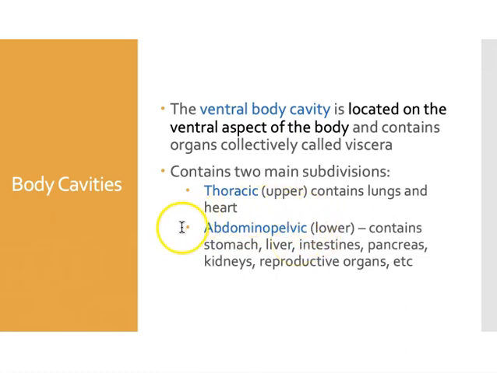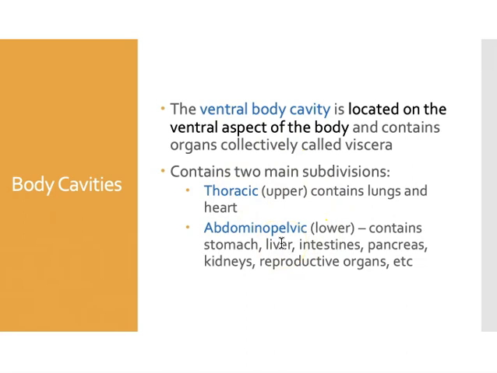The reason that abdominal and pelvic cavities are combined like this is because there is no distinctive structure that divides the abdominal and pelvic cavities. In comparison, there is a structure that clearly differentiates between the thoracic cavity and the abdominopelvic cavity.